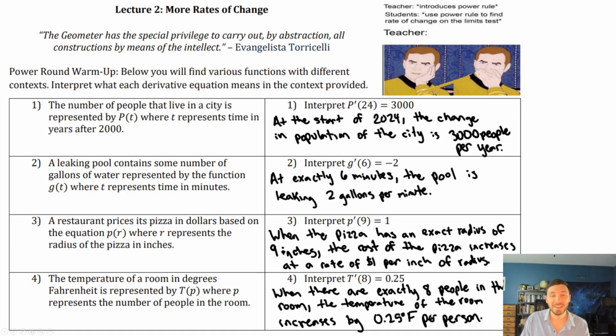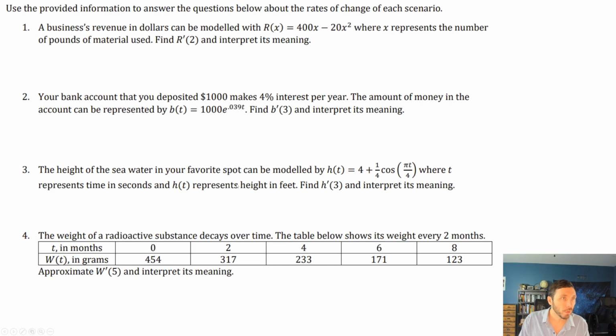Of course you can't have 8.01 of a person, but there's a loose interpretation there: as more people enter a room, the temperature would increase more. Just body temperature heats up a room.